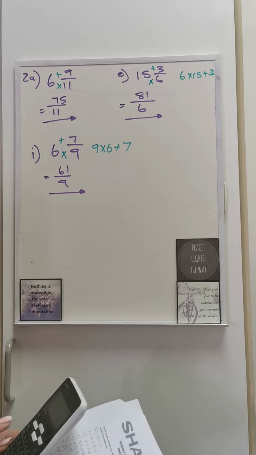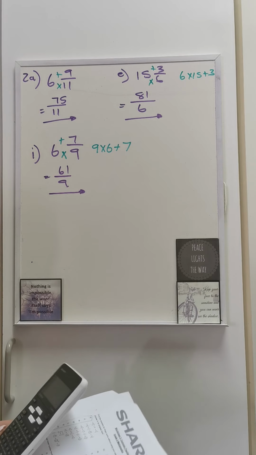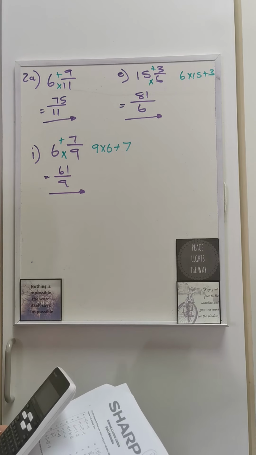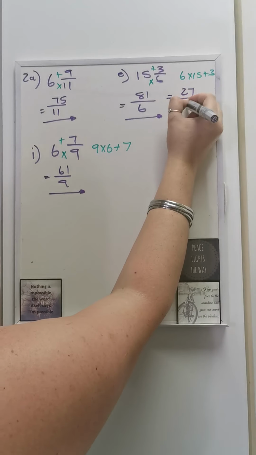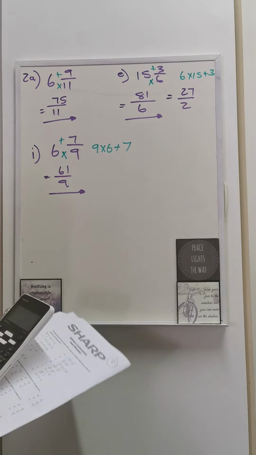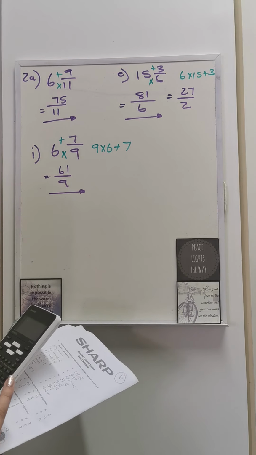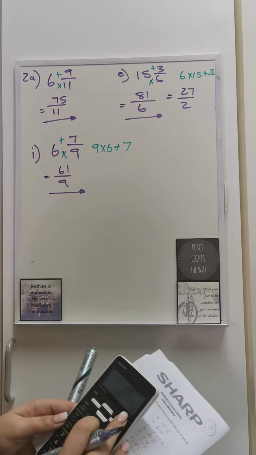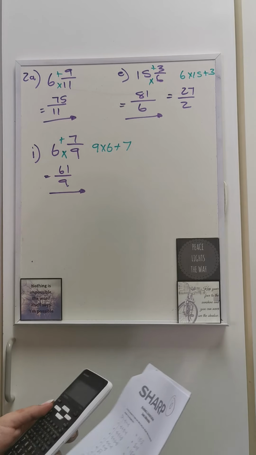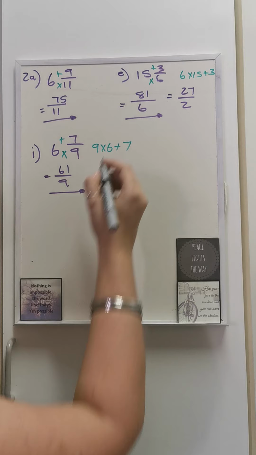But it stays 75 over 11. 81 over 6 gives you actually 27 over 2 as its simplest form. And 61 over 9 will stay 61 over 9. Okay, always make sure you write it in its simplest form. Then number 3a.